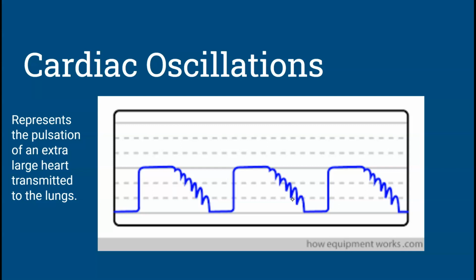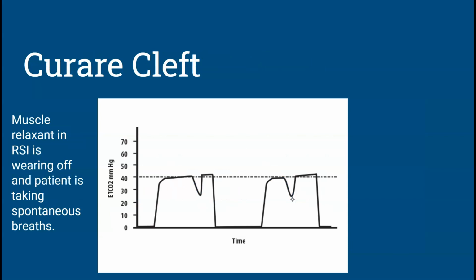This is not something that you see very often, but it's usually if you have a patient who has a hypertrophic heart that you might be able to see the oscillations as they exhale, where the heart's kind of quivering and transmitting that movement to the lungs. So you'll get a weird squiggle pattern. This is the curare cleft: the patient's taking spontaneous breaths over and above the vent, which means you need to relax them again.